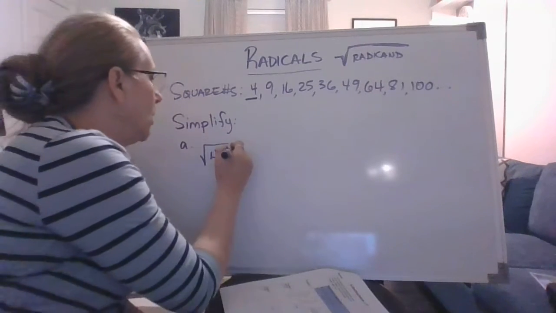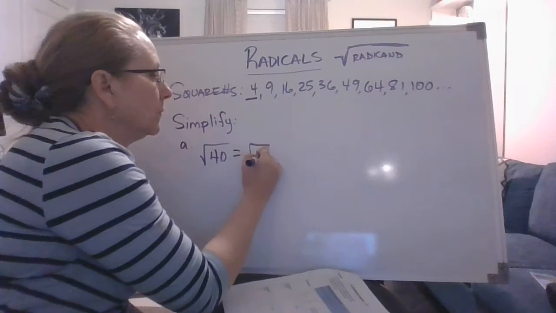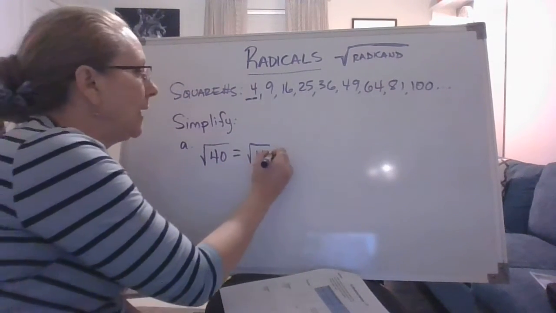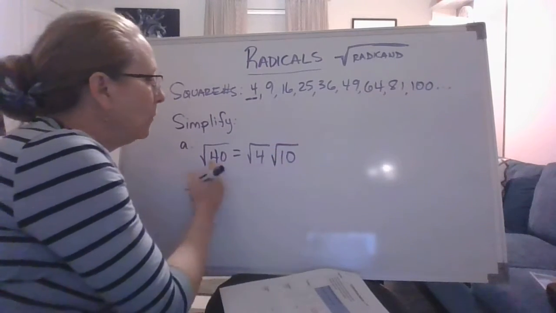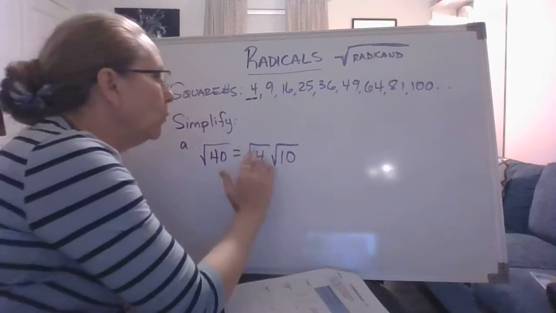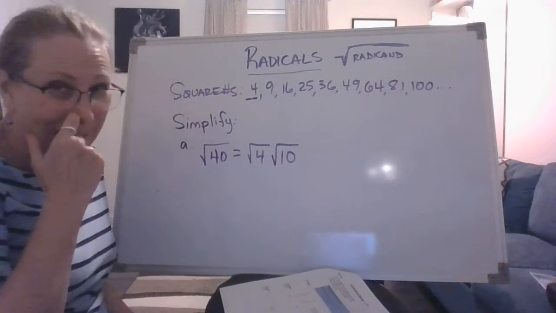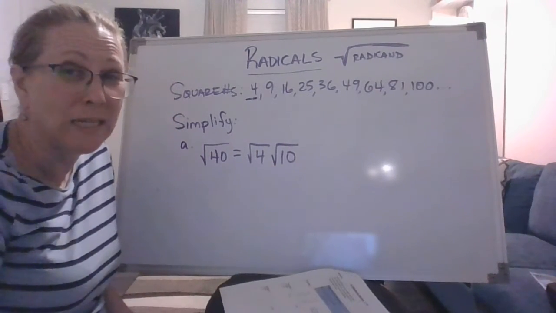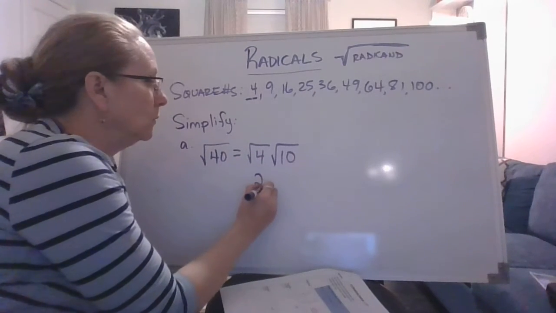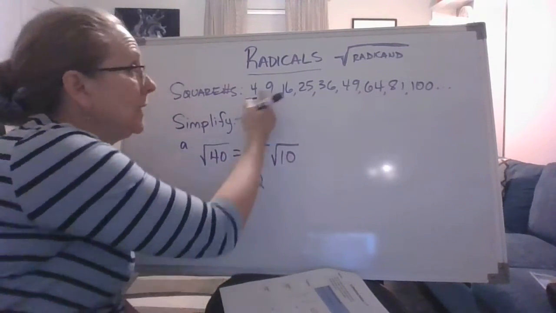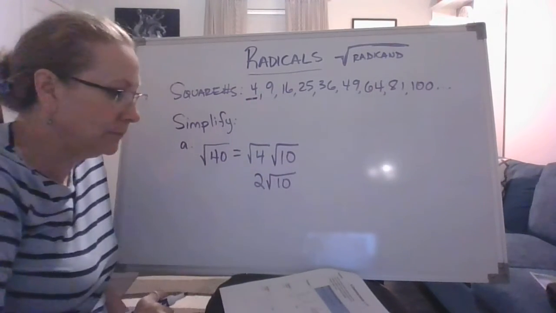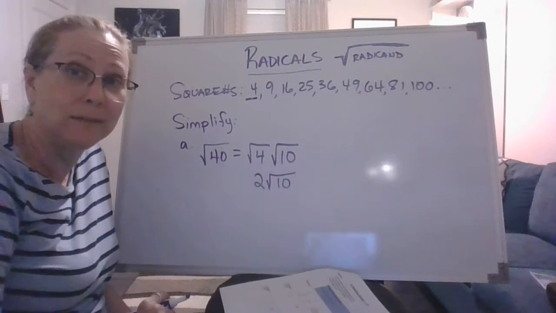So we take our square root of 4, we say 40 divided by 4 is 10, and we split this into 2. Now, can you write it under one radical sign? Yes, but it's much more helpful to write it in 2 because this number turns into a 2. This one is not a perfect square, so it stays the same, and that's simplified.